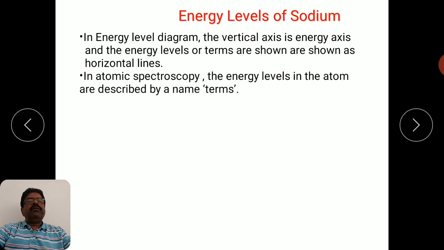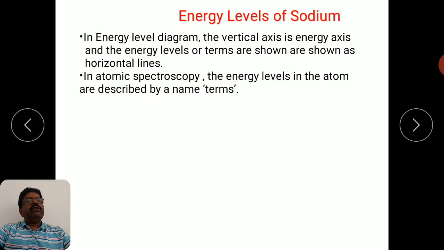Usually you know that in any energy level diagram, the vertical axis is energy axis and the energy levels or terms are shown as horizontal lines. In atomic spectroscopy, the energy levels in the atom are described by the name terms.